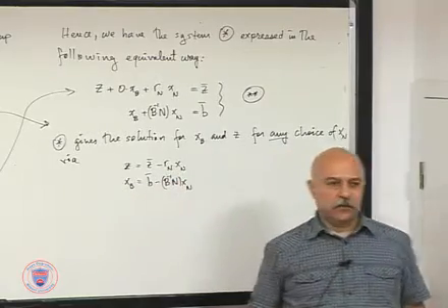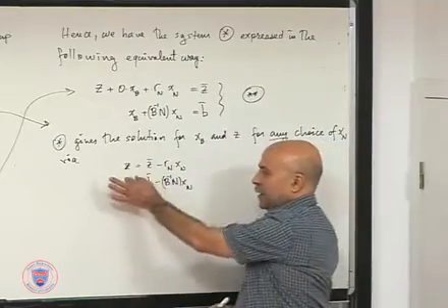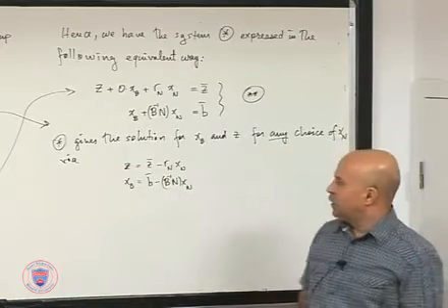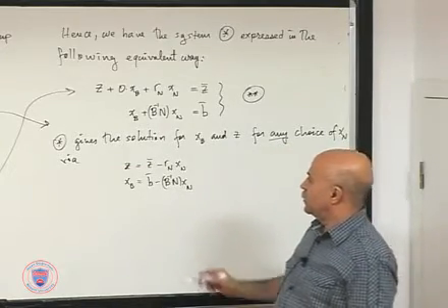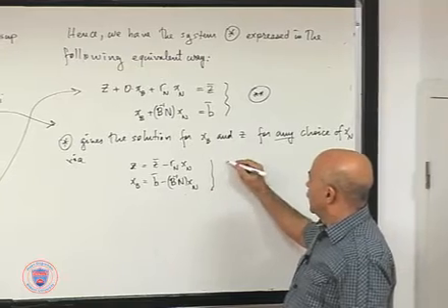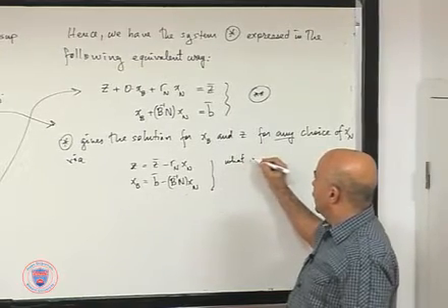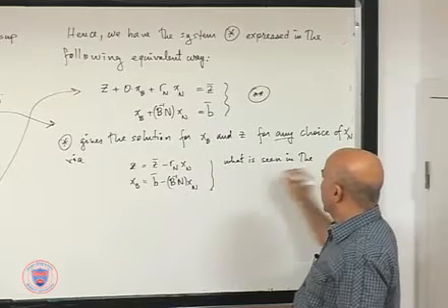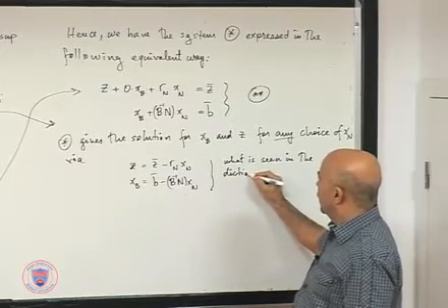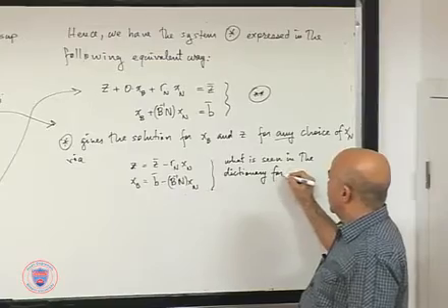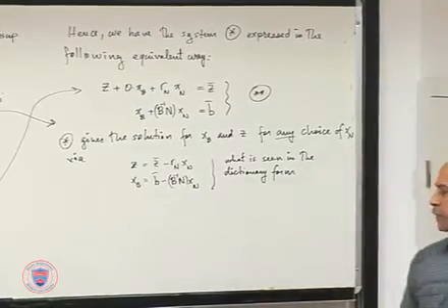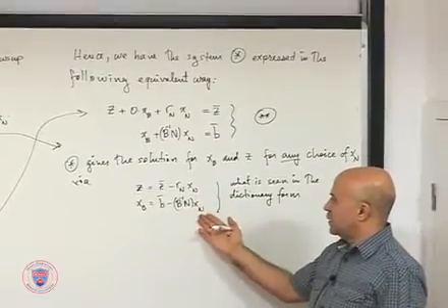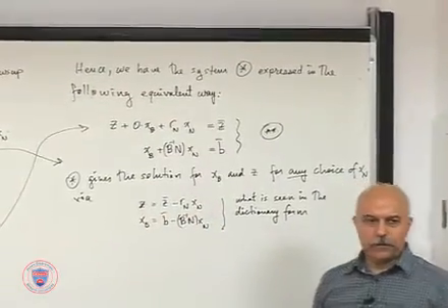This is what you see in the dictionary form. Z and xb on the left side, everything else on the right side. That's precisely the information you've got in the dictionary form relative to a given basis. Okay? All right. And it also tells you that as soon as xn is equal to 0, what the current solution will be. All right.